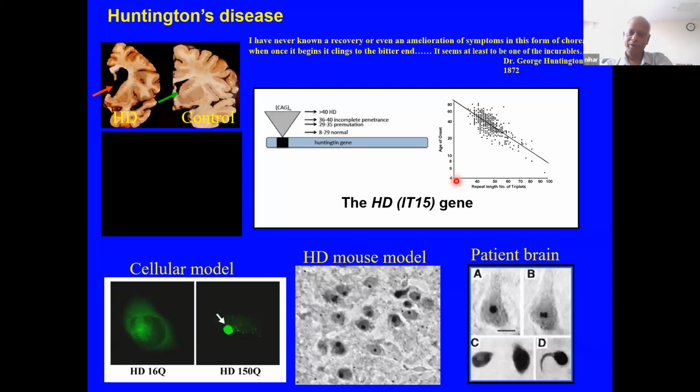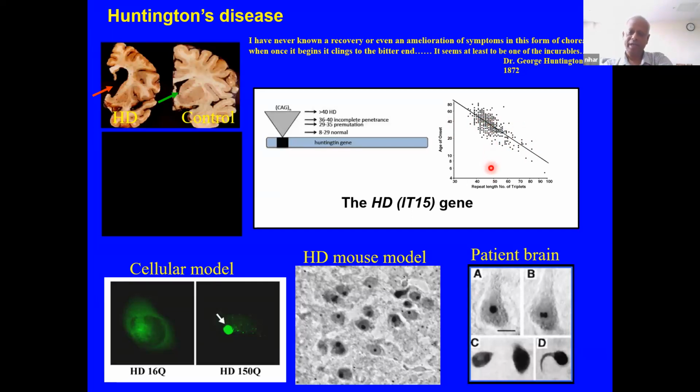So when I talked about it being an age-related neurodegenerative disorder, it's not always true. Depending on the length of the CAG repeat, you could actually get an early or childhood age of onset. On average, if the repeat length is about 40, you could get the disease by about 55 or 60 years of age, right?